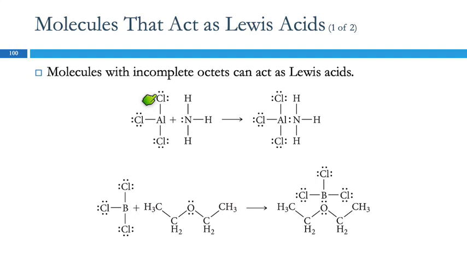So here's AlCl3. Aluminum does not have a complete octet. It will be happy to come over with the nitrogen. The nitrogen shares 2 electrons with it, and here we go. So NH3 is acting as the base, donating the electrons. Aluminum is acting as the acid, accepting the electrons.